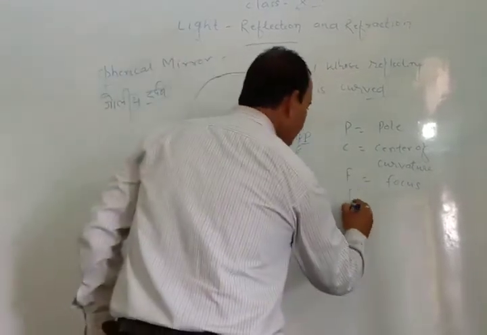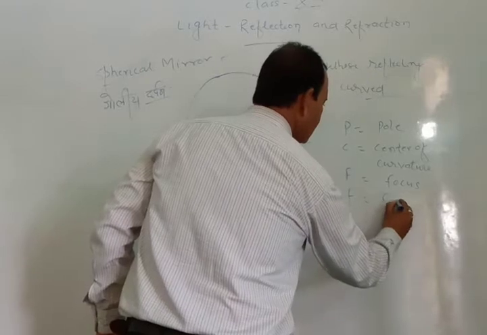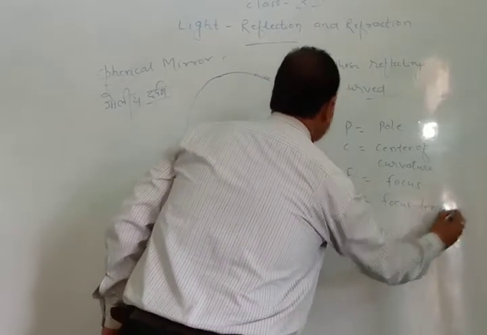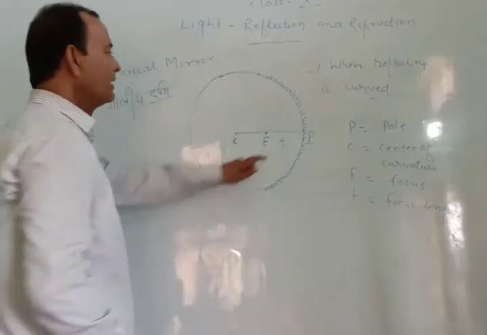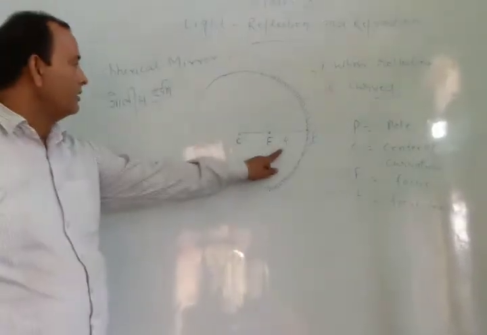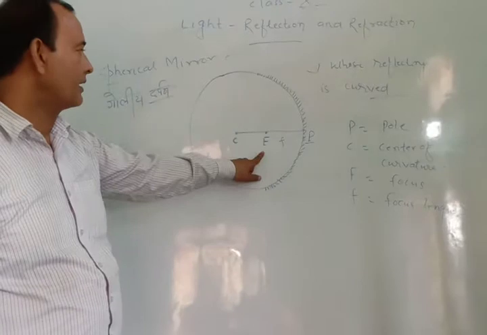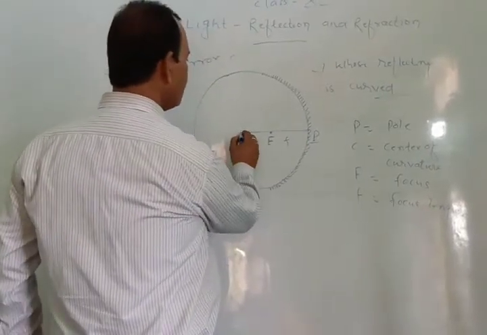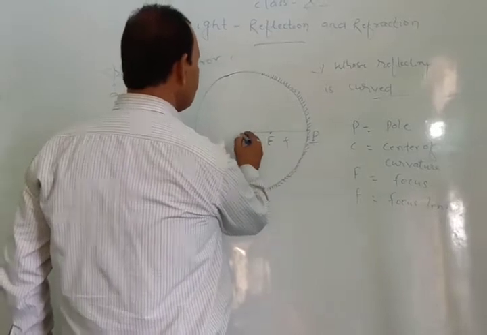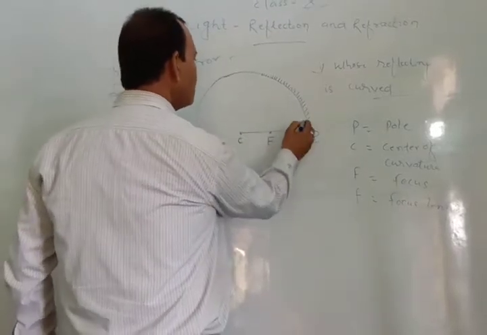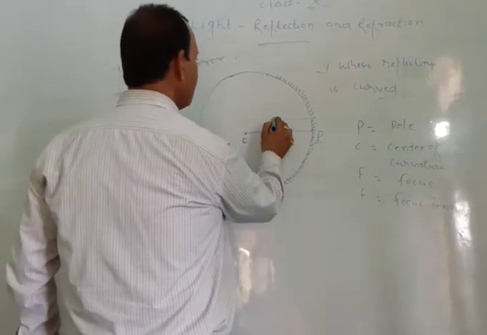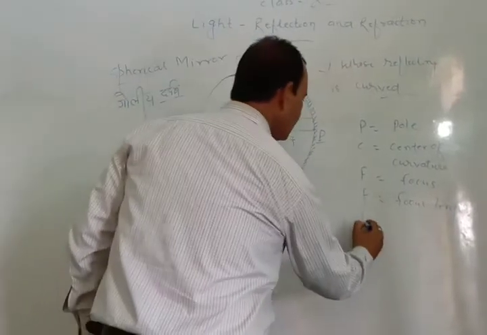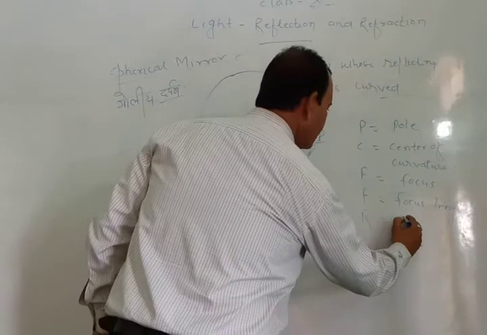So small f is the focal length, denoted by a small f, as you see in this figure. The total distance from the center of curvature to the pole is the radius, denoted by capital R.